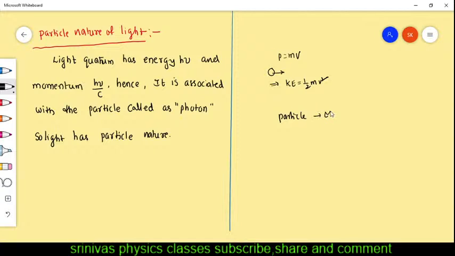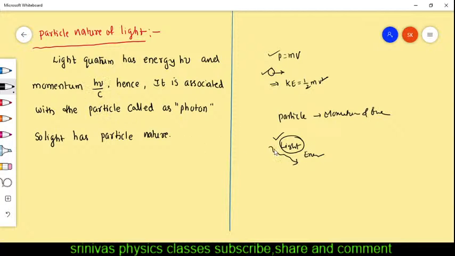But when you consider light, till now we don't know about the mass of the light. The light has energy, yes, we can accept. But the light also has momentum. We derived the formula, right?